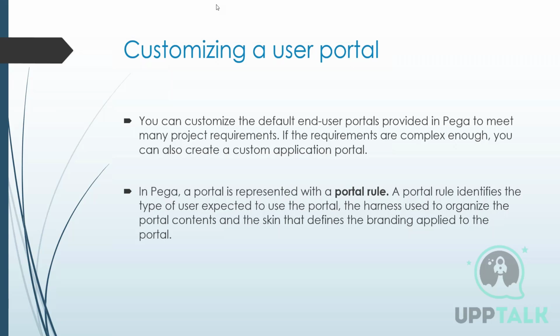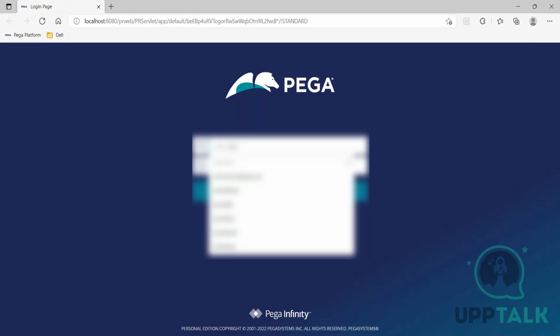So let's look into a bit of the hierarchy, as in if you want to create a portal, what else you have to create as well. So we'll directly look into that hierarchy once. So let me just go back. This is login.